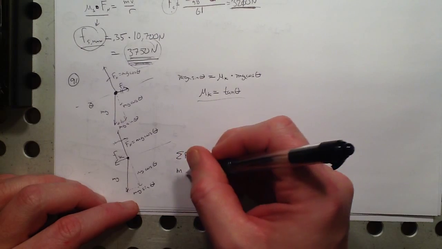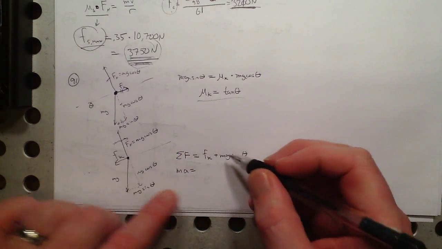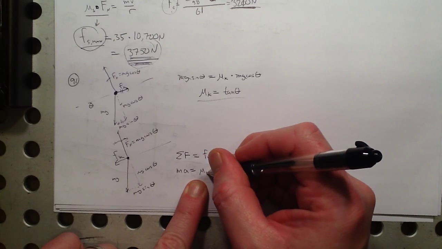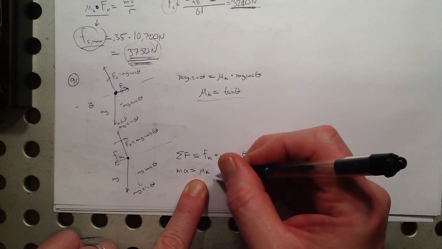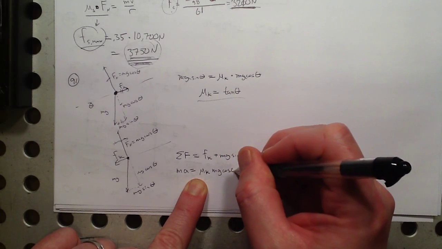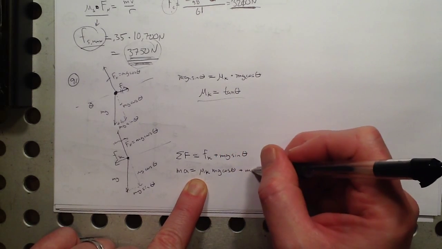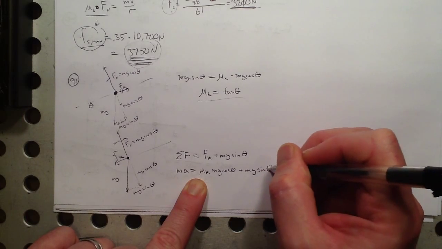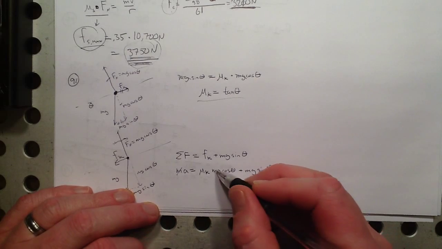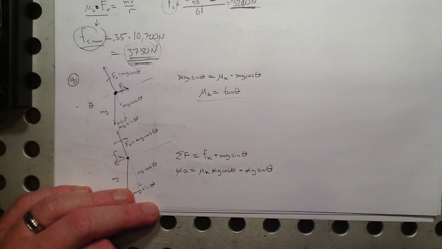So mass times acceleration is equal to the force of kinetic friction, which is the coefficient of kinetic friction times mg cosine theta, plus mg sine theta. Maybe we did need that after all. So those all cancel out.